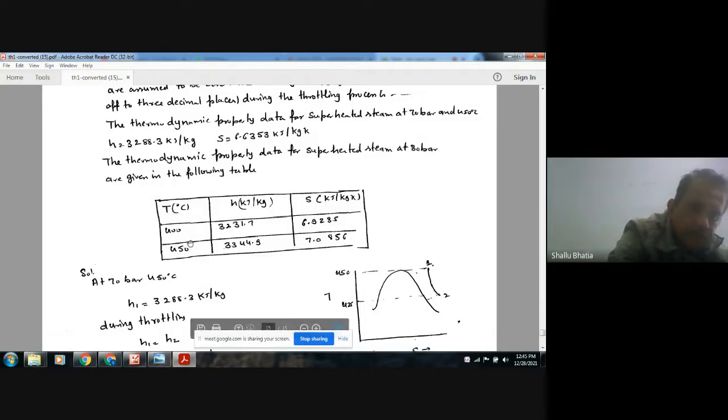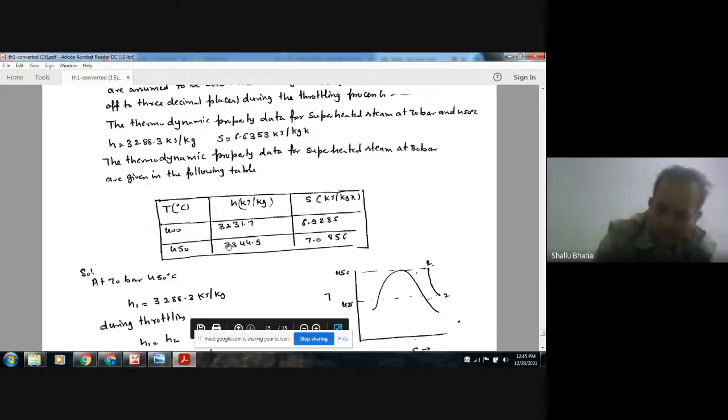To have the same enthalpy, we find the temperature. At 30 bar and 400 the enthalpy is 3231.7, and at 450 it is 3344.9. So the enthalpy lies in between them.